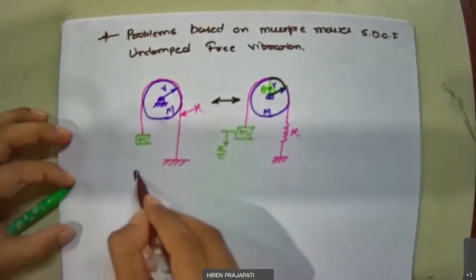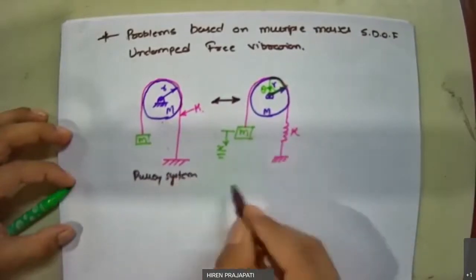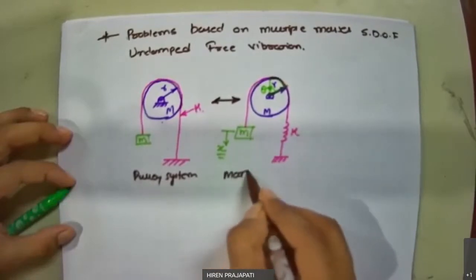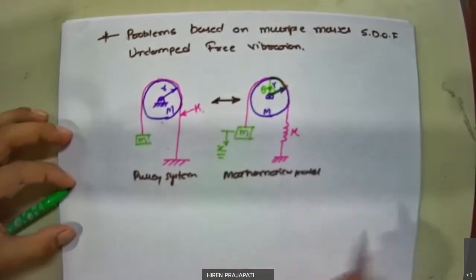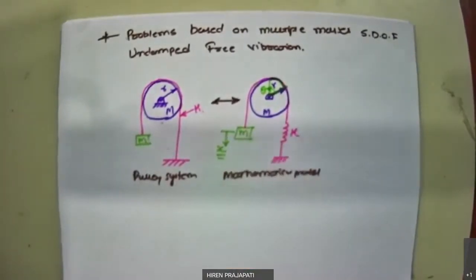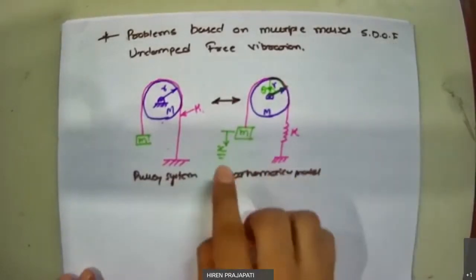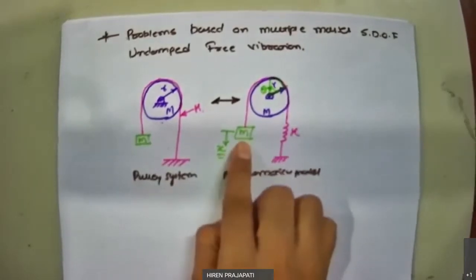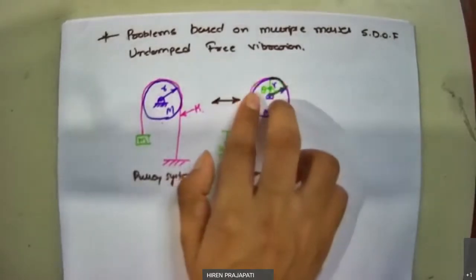We have one pulley system, and using this stiffness element we have represented its mathematical model. Now my requirement is to find the equation for natural frequency for this system. First of all, let me tell you, we are talking about a single degree of freedom system. The reason is, if you move this mass, small m, by distance small x, then this pulley rotates by angle theta.